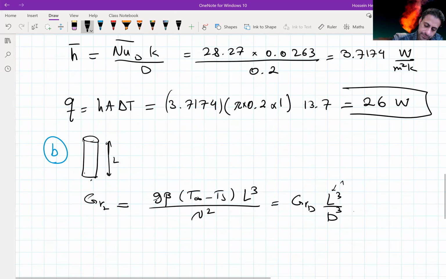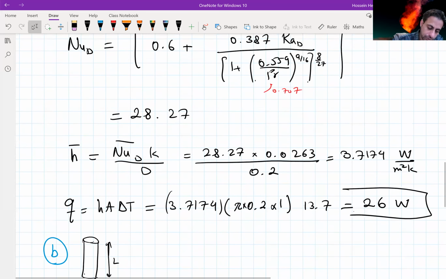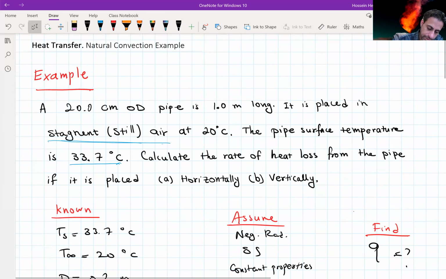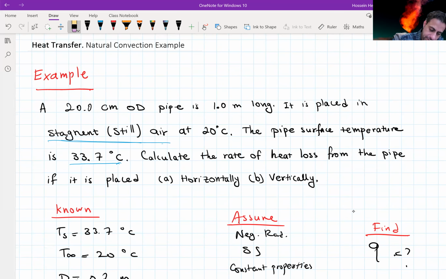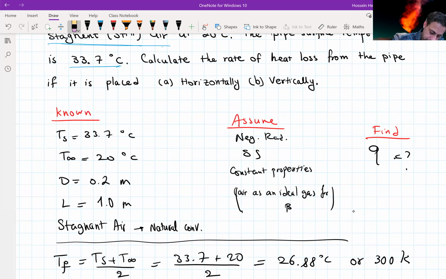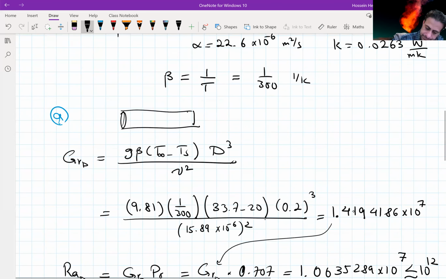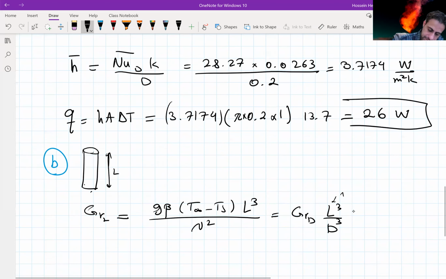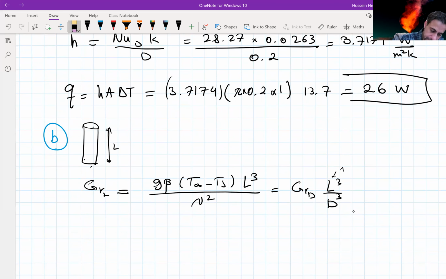Oh, sorry, L is not 1 actually. L is 0.8 in my calculation. So I'm just going to make a quick fix here, 0.8. I believe these numbers are based on 0.8.